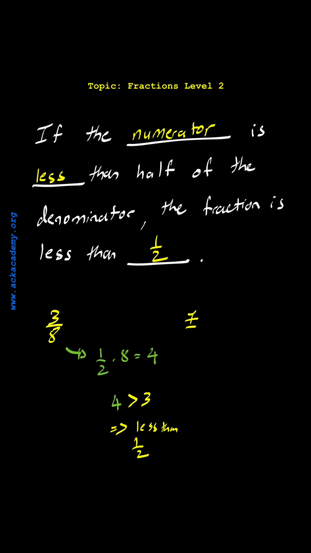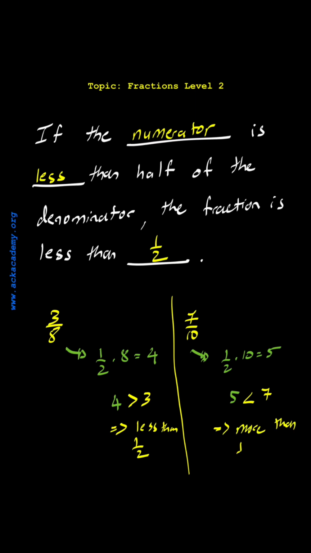However, if we have 7 over 10, we can say 1/2 of 10 is 5. 5 is less than 7, therefore 7 over 10 is more than 1/2.